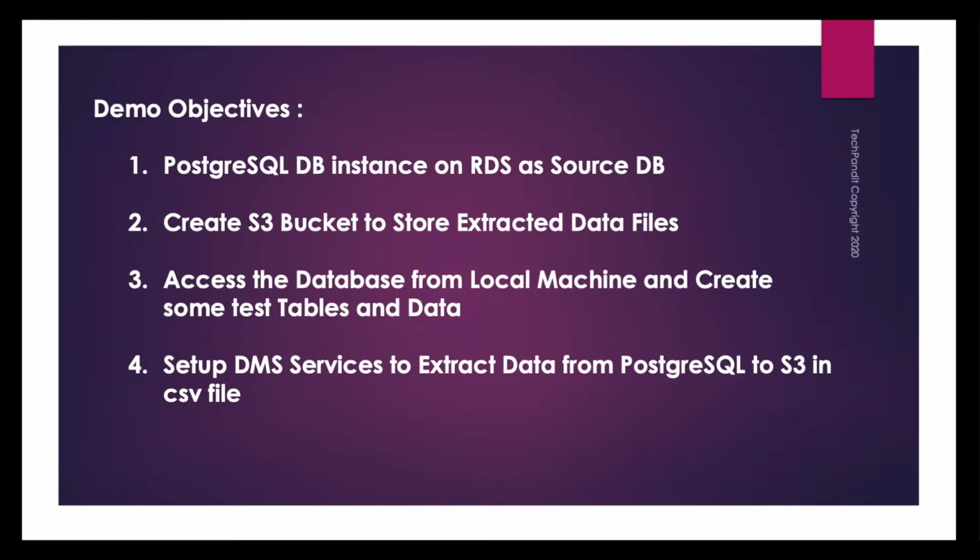And then we're going to create the S3 bucket to store the extracted data files. We're going to access the database from our local machine and create some test tables and data. And finally, we're going to set up the DMS services or create the DMS components to extract the data, and we'll do an execution at the end which will show us that the data is extracted and it is stored in CSV files.